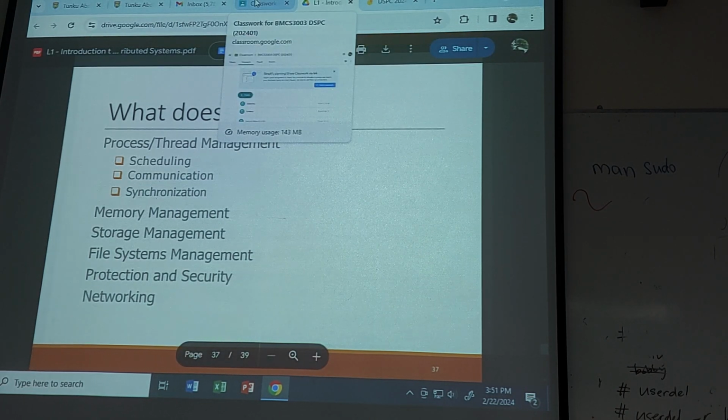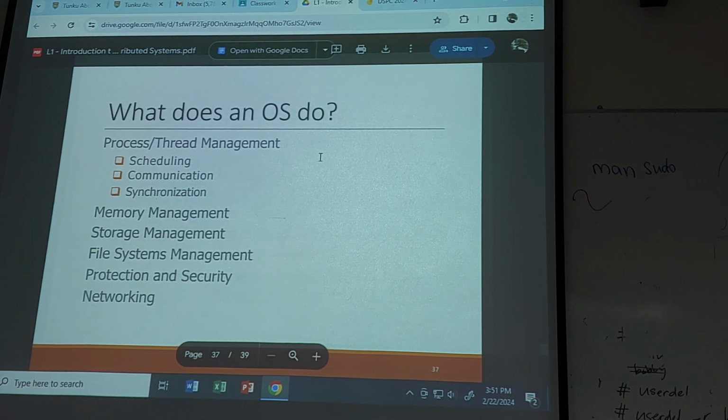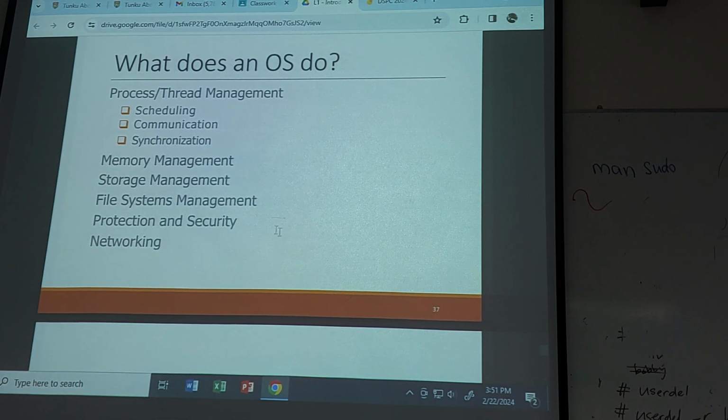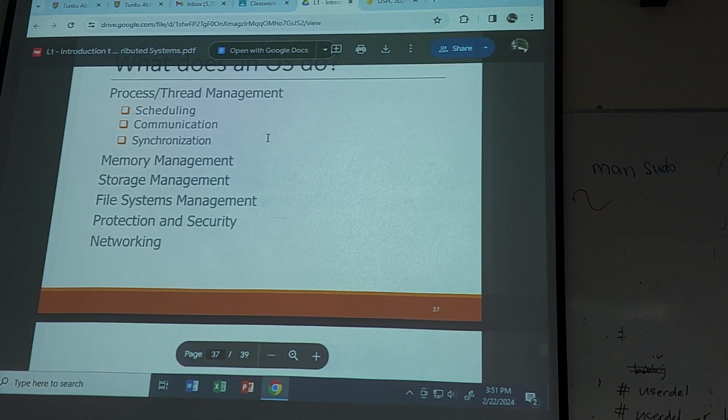The hackers can attack your network, because your network is not private. It is a shared internet network. And networking is, of course, provided to you because this is a distributed operating system, so you can access the internet just like a PC. So these are the jobs that the distributed operating system provides.